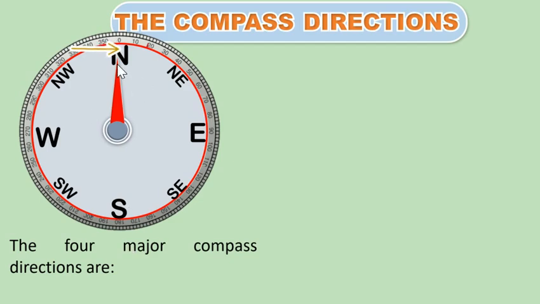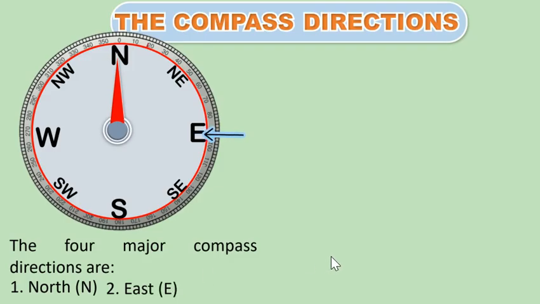You can see the north here. So that direction is north. Then, number 2, we have east. The compass arrow is pointing in that direction, east.